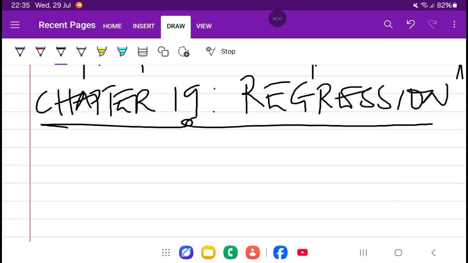Now, I want us to look at what we mean by regression first of all. Regression or regression analysis, it does what?